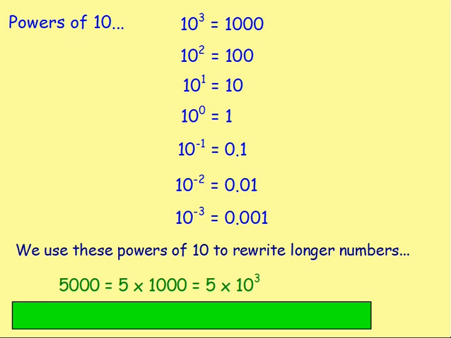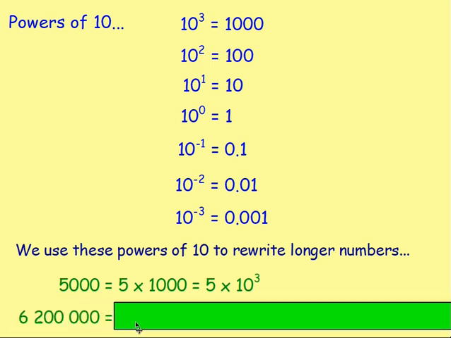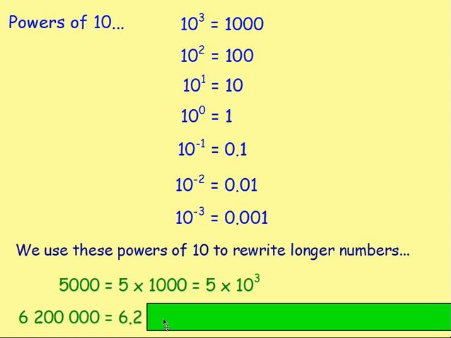Yeah, well done, Samantha. That is right. Okay, let's try another one. Let's say you had 6,200,000. How could you write that a different way? You could have it as 6.2 million. Yeah, so it's 6.2 times a million. Brilliant.